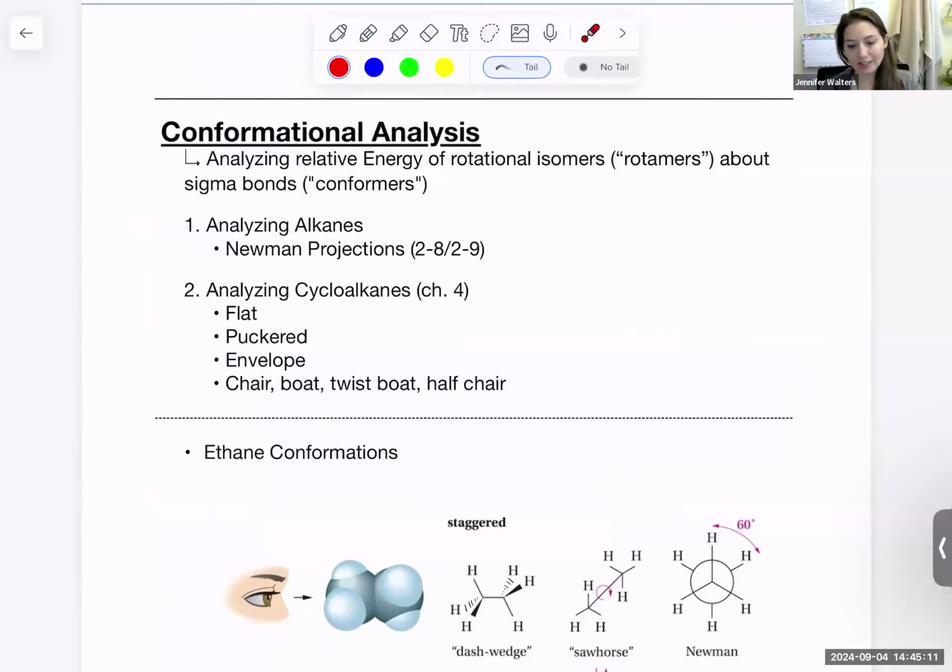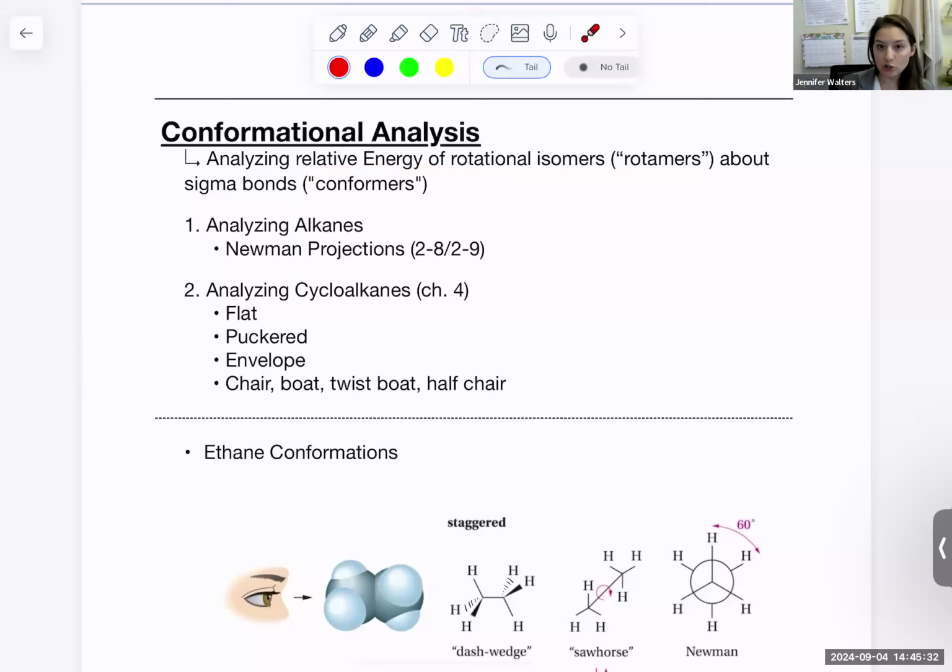So conformational analysis. This is how we look at the relative energy of our molecules, how they exist in 3 dimensions. So we're going to look at the relative energy of rotational isomers, sometimes called rotamers, about a sigma bond, which are also sometimes called conformers.